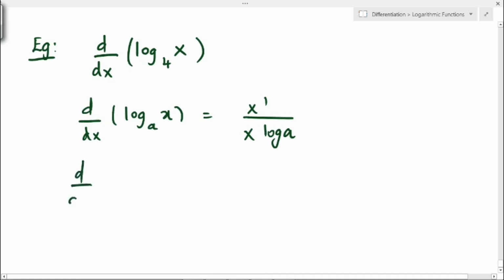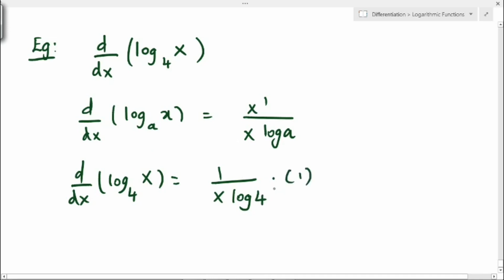So d by dx of log base 4 of x equals 1 divided by x, and in the place of a we have 4, so log 4, into the differential of x. X differentiation is 1 because we are differentiating x with respect to x. So the answer is 1 divided by x log 4.